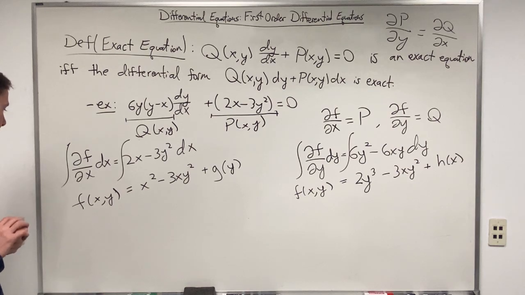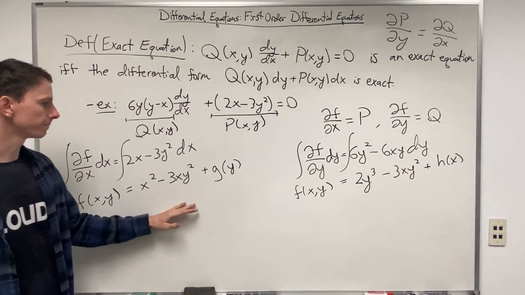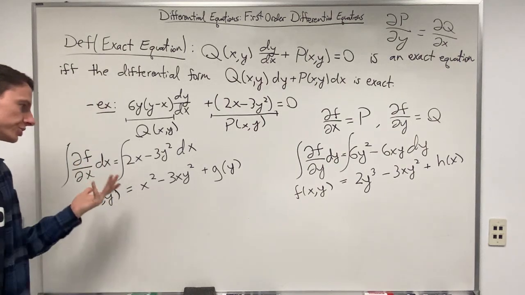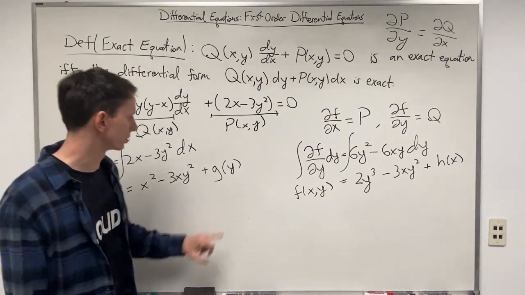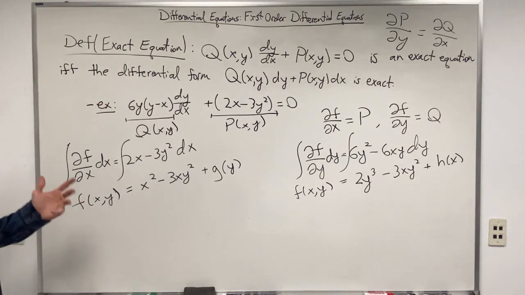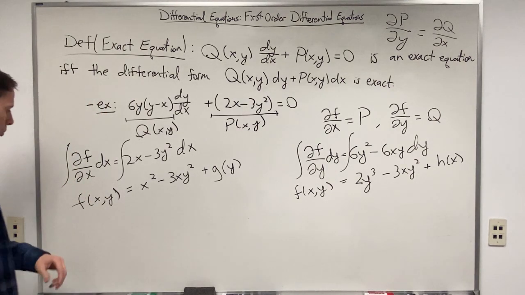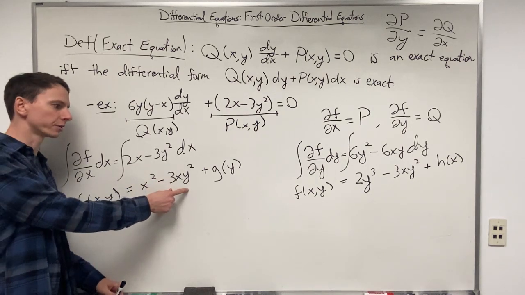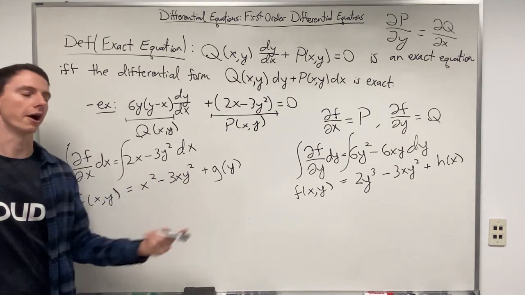So we have two different expressions for f of x, y. This is one of them, and this is one of them. But now we just need to find out what these integration constants are, g of y and h of x. All right? And what we can do is say, whatever our function is, it's going to be x squared minus 3xy squared plus something that only depends on y.